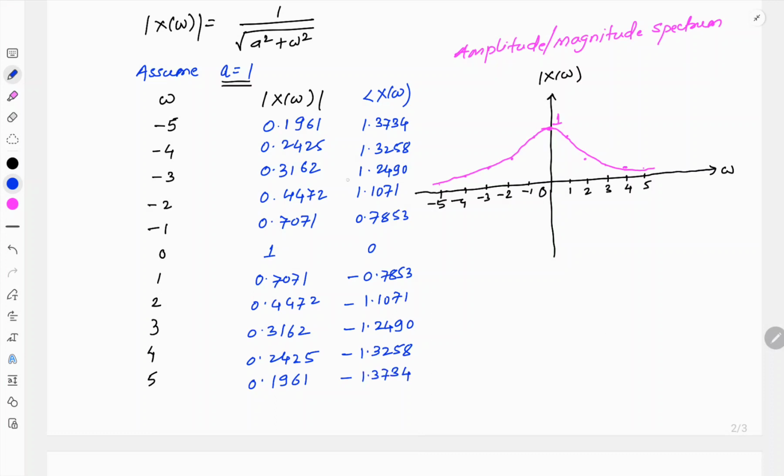So remember that in both cases, in finding the magnitude as well as finding the angle, we get the values for negative omega equal to positive omega, but for magnitude the values are the same, and for angle the sign is changing for positive values of omega. So just cross check it and specify the values. No need to find these values for every 1, 2, 3, 4, 5 of omega. Only find it for minus 5 to 0 and replicate it for the positive values of omega.